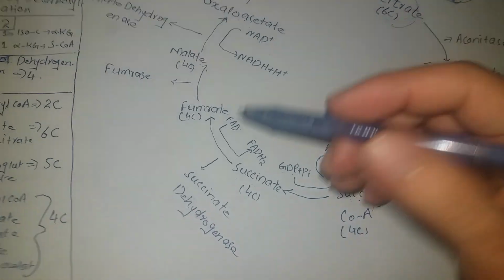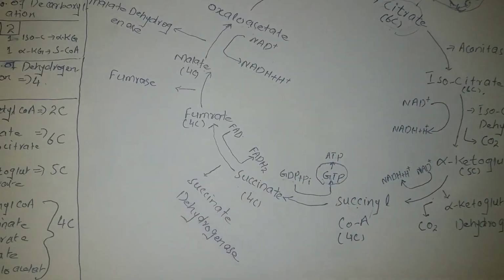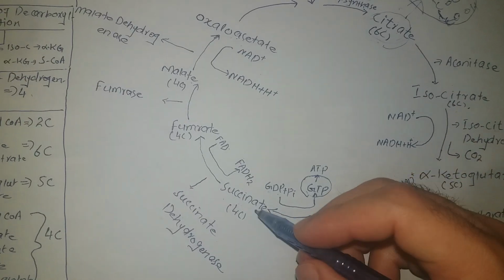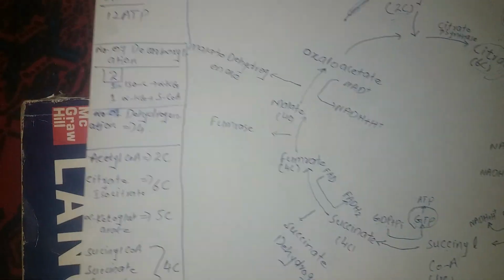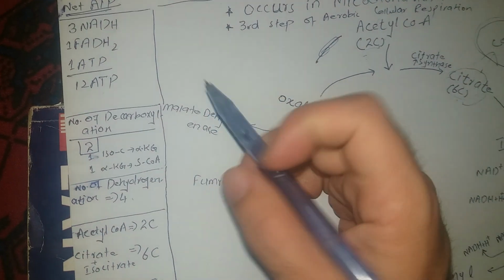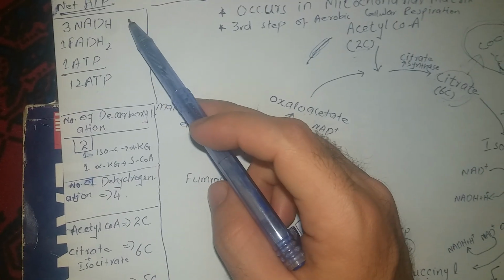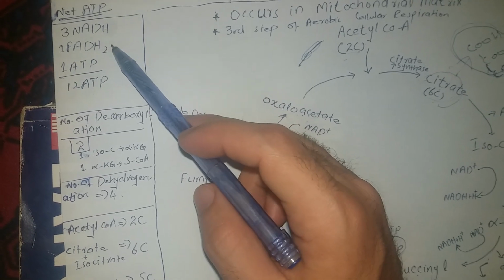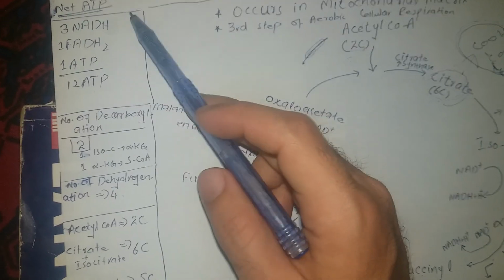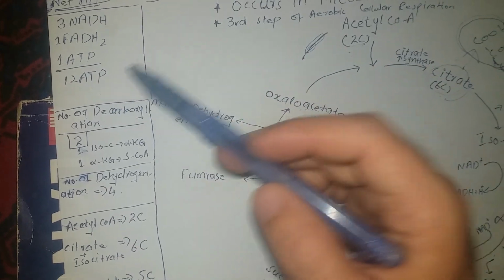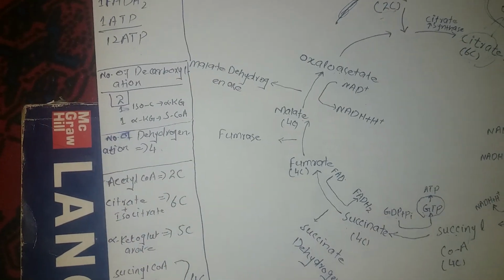And 1 FADH2 is formed when succinate is converted into fumarate, and 1 ATP is directly formed when succinyl-CoA is converted into succinate. 1 NADH is equivalent to 3 ATP, so 3 NADH are equivalent to 9 ATP. 1 FADH2 is equivalent to 2 ATP, so 9 plus 2 is 11, and 1 ATP directly formed, so a total of 12 ATPs are formed in one Krebs cycle.